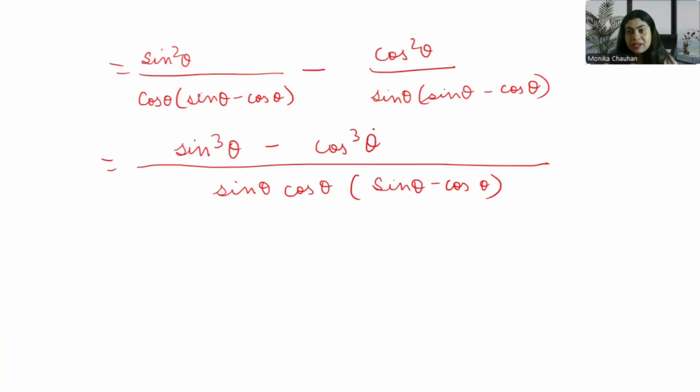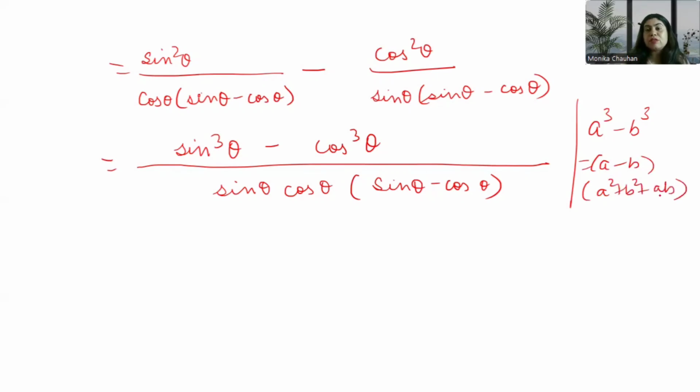You have reached a stage where you have to use the cubic identity, a³ − b³. Do you remember the a³ − b³ identity? If you remember, you can use it fast. a³ − b³ is (a − b)(a² + b² + ab). Here you have to use this, otherwise it's difficult to solve further.